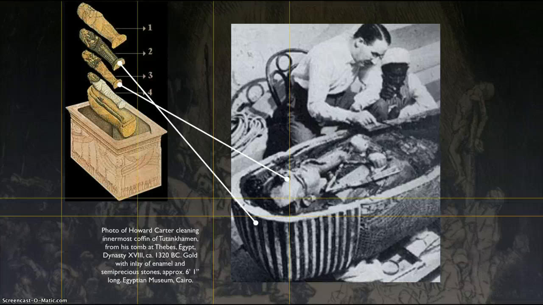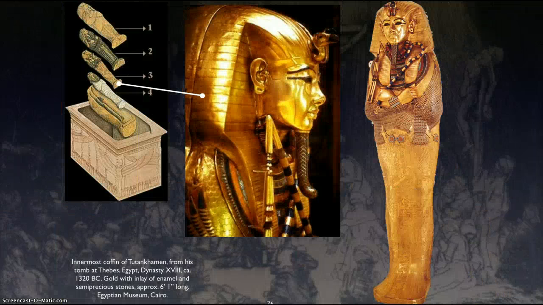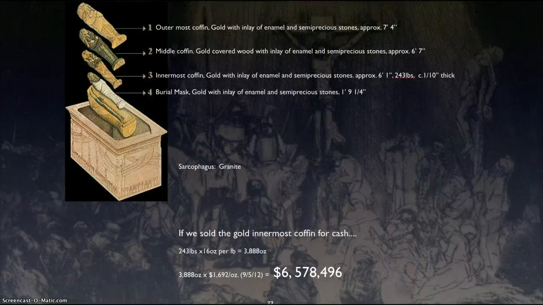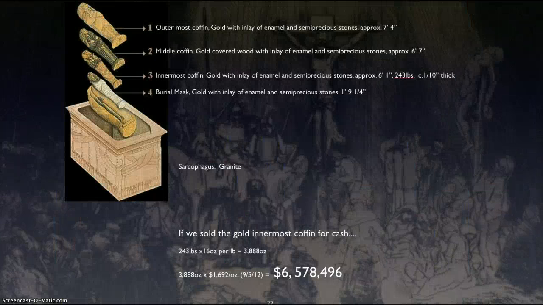They found a solid gold coffin, head to toe, totally encasing the mummy. And then when they opened that up, that's the solid gold one, that's when they found the burial mask that's gold with inlays of stone.